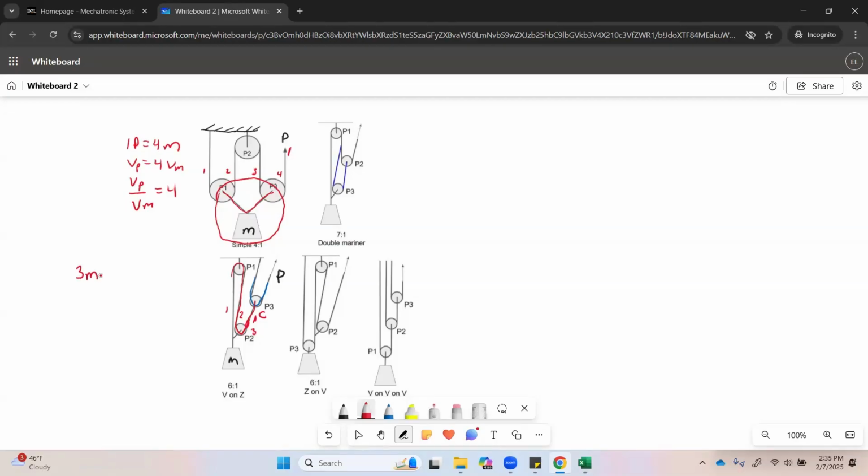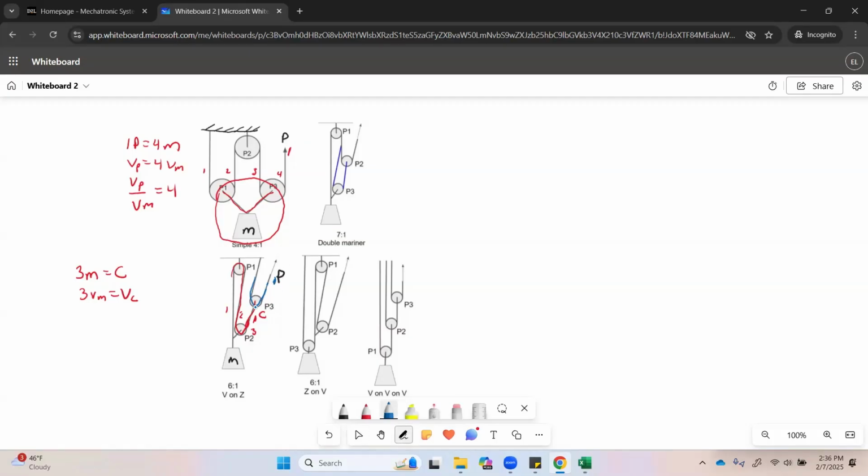So 3M equals C, 3VM equals VC. So here we have 1. P is just pulling on 1. P is not pulling on that other side. So P is pulling just on one side.